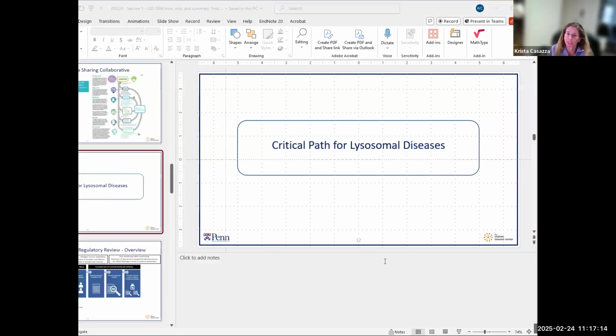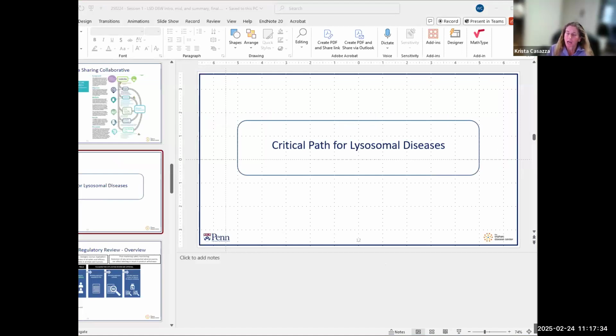And so when we had the initial discussions, CPLD has really focused on biomarker identification, and more recently on the identification of the link of the biomarkers to clinically meaningful endpoints.